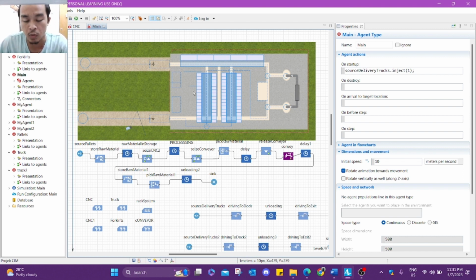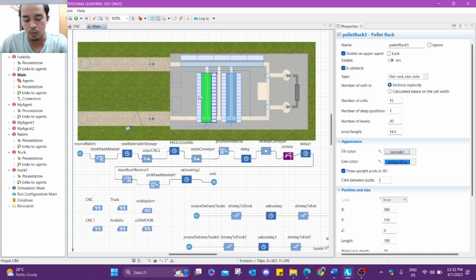Based on the previous calculation for question 1 explained by Jamal, this is the result: two aisles. For one row, we create 50 cells with a level of 20, and the maximum height from the ground is 40.3 meters. One row can fit up to 300 pallets.